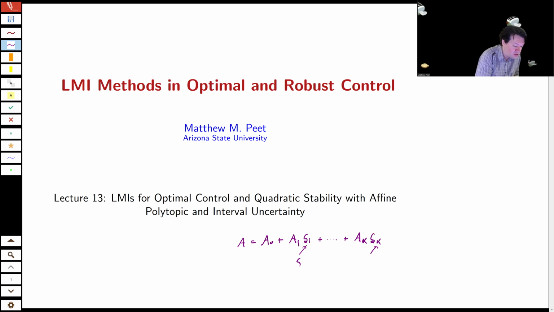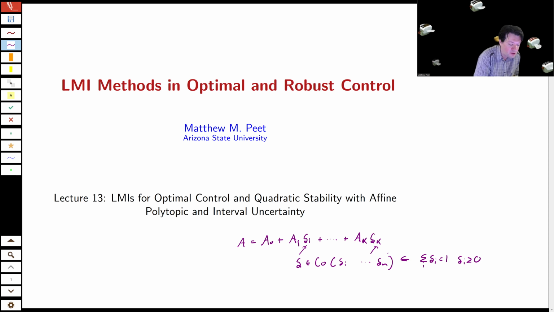And the parameters themselves lie in either the polytopic set, so the convex hull of several points. Particularly, we usually take this to be the polytope, so the set of delta such that they add up to 1, and they're all greater than or equal to 0. So an infinite number of possible values of the parameter in that case.